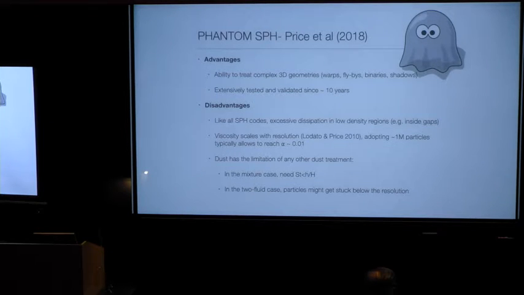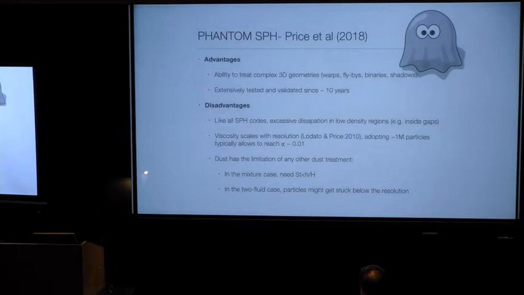And for the dust, the limitation of the dust module is, I think, inherent in any other dust treatment. If you want to use a mixture, then you need the Stokes number to be smaller than h over H, where small h is the resolution length and big H is the thickness. Which means that if you increase your resolution, small h becomes small, and the mixture can only be applied to very tightly coupled grains.